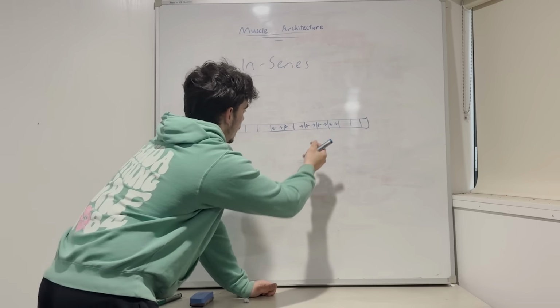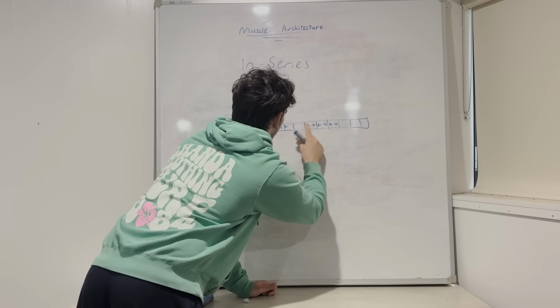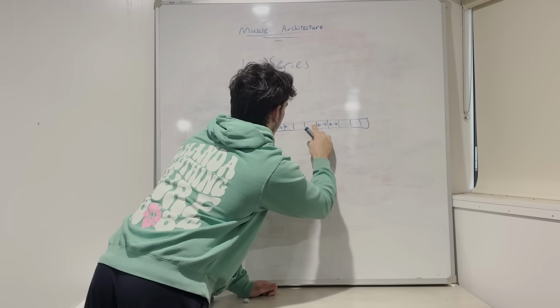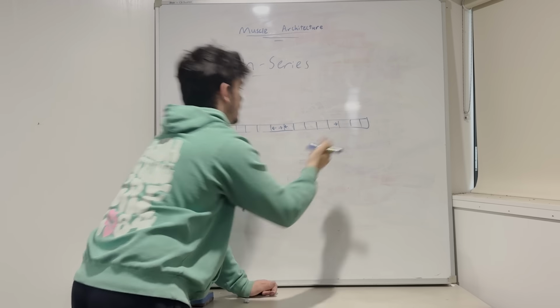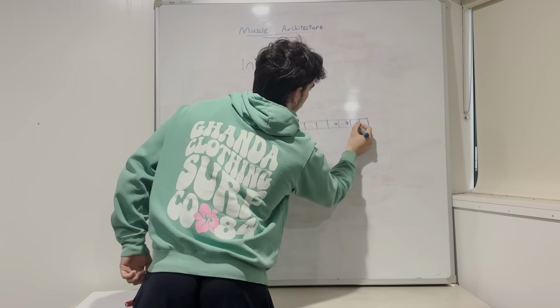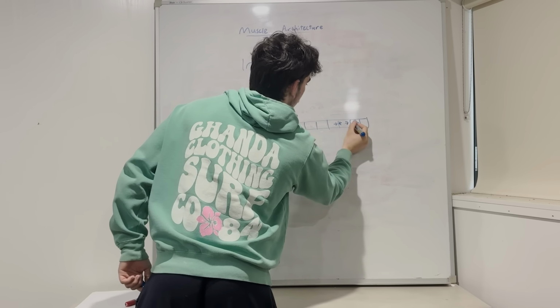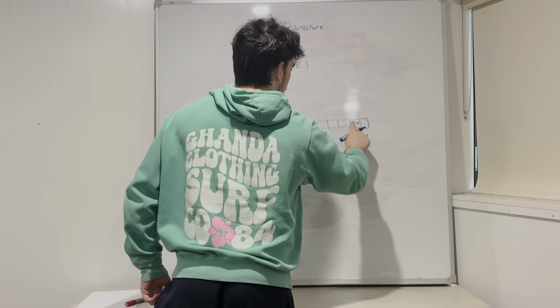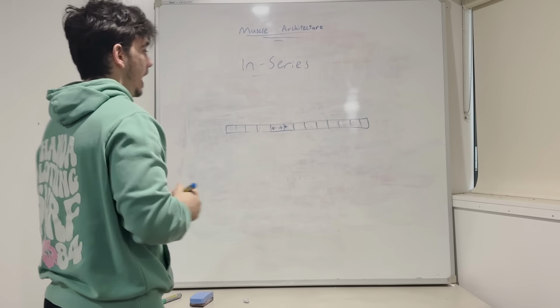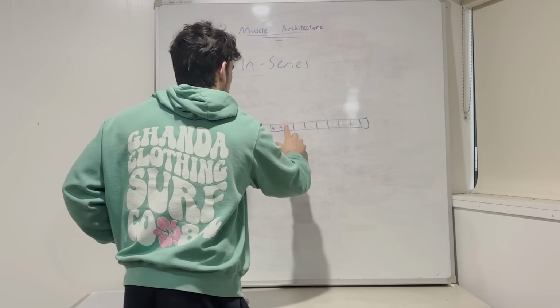Okay, he's trying to go that way, and they cancel each other out. They cancel each other out as well, and so on and so forth. It would be the same if I kept drawing, but I think you get the case. So there's not going to be any isometric force from adding sarcomeres in series.